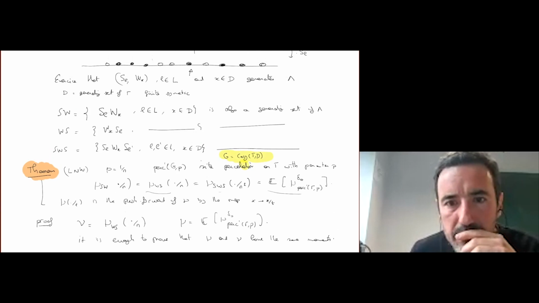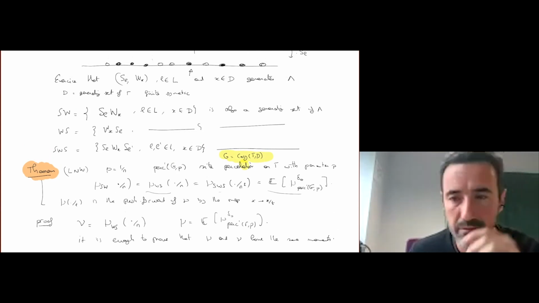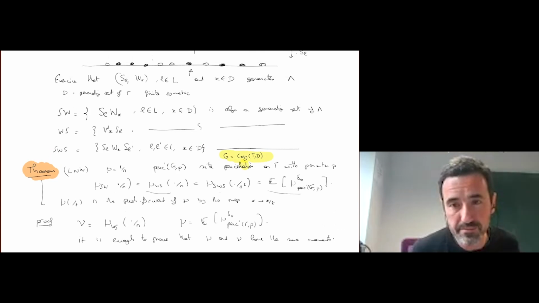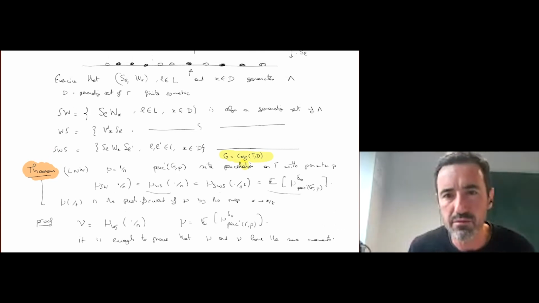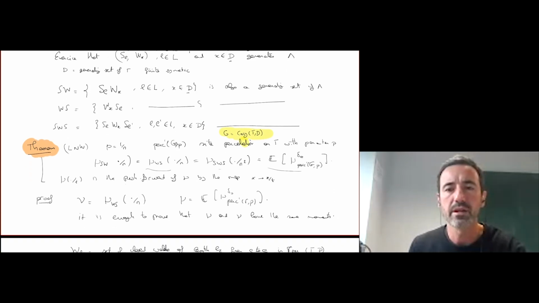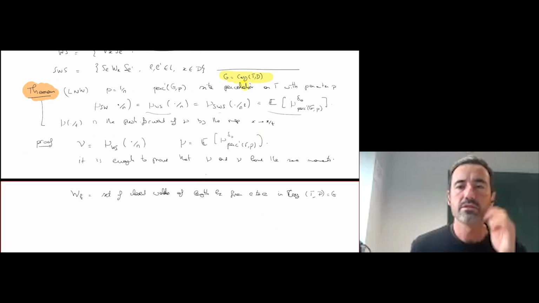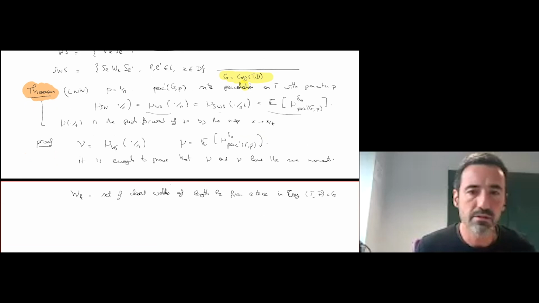Of course, to do site percolation I have to define the Cayley graph I'm considering on Gamma, and it is the Cayley graph associated to this fixed set of generators, which I chose at the beginning. Sorry about that.